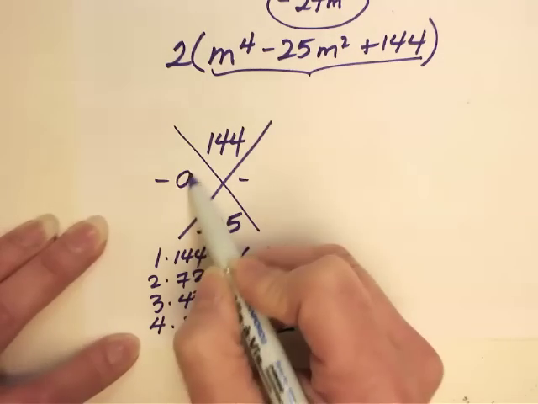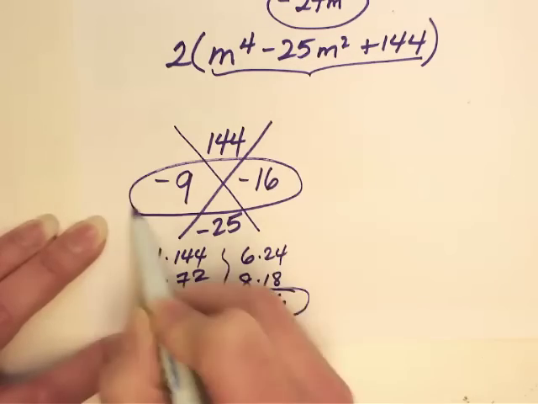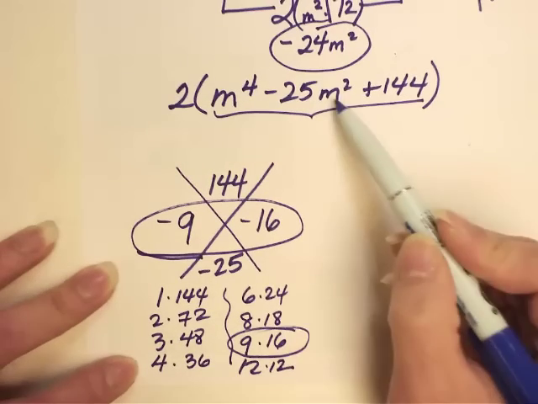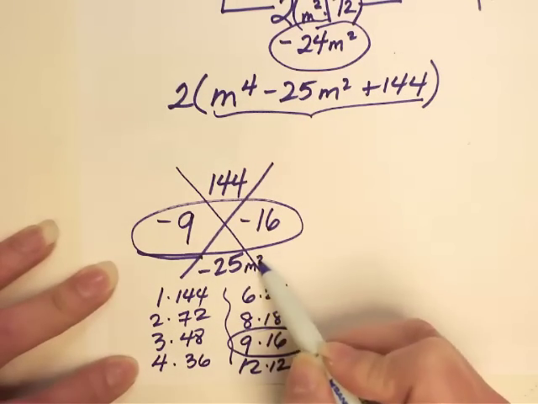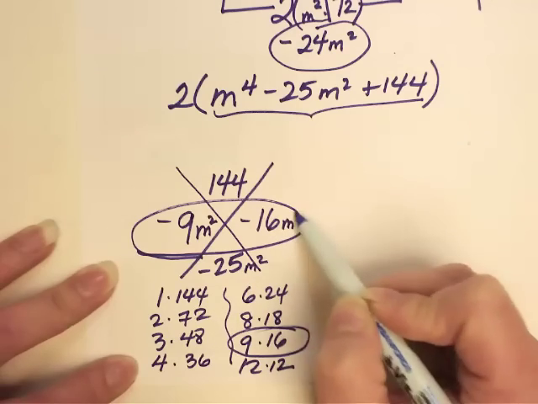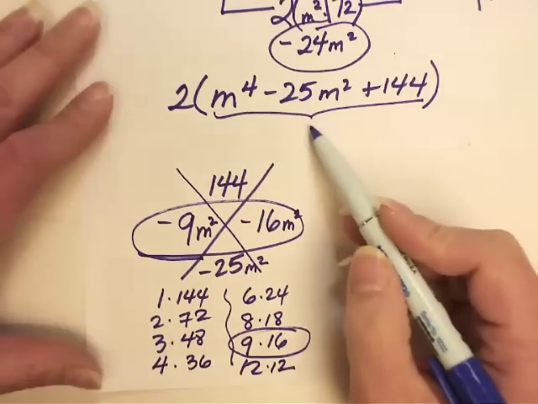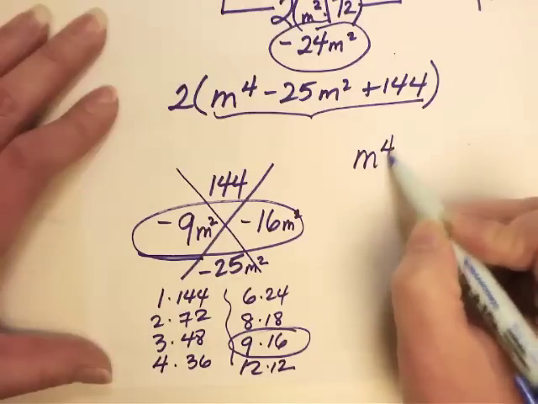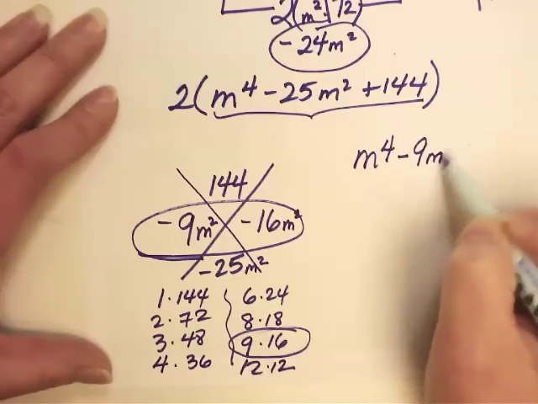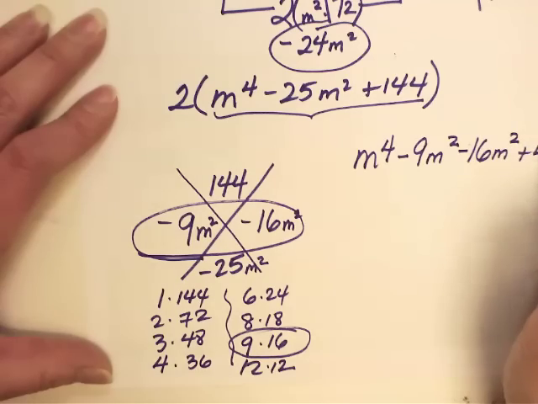So I would have negative 9 times a negative 16. So I'm going to take this, and since I have m squared, that must mean this was negative 9m squared, negative 16m squared. So now I'm going to replace these for my middle term. So I have m to the 4th minus 9m squared minus 16m squared plus 144.